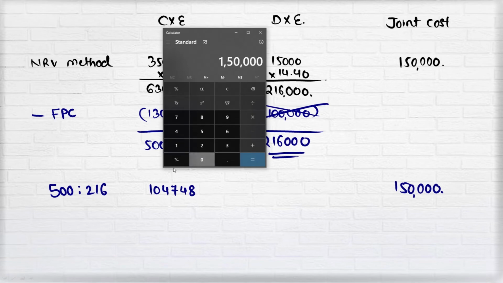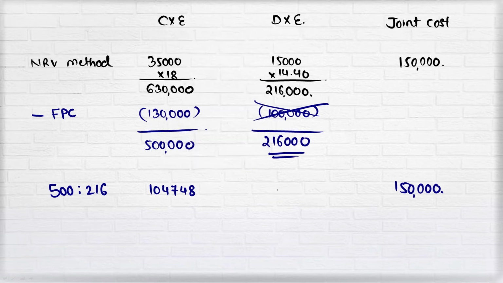One lakh 50,000 minus 1,04,748 is 45,252. This is how I will be distributing the cost.